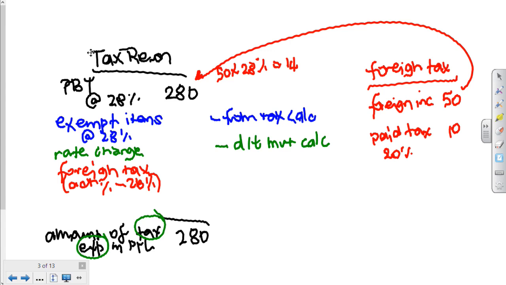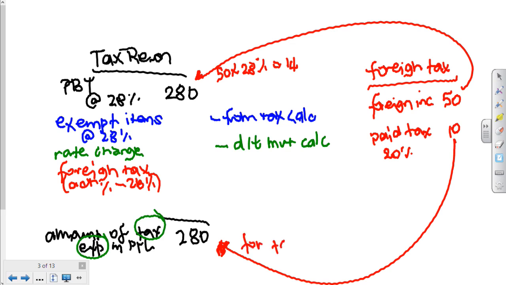Yeah? But when I look at tax expense, what's sitting in tax expense? This number, isn't it? That's the foreign tax that I paid. So foreign tax expense is only 10. It's not 14, isn't it? So, of course, I'm never going to balance to 28, isn't it?